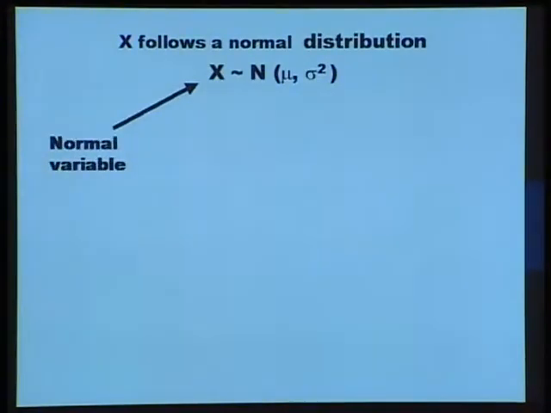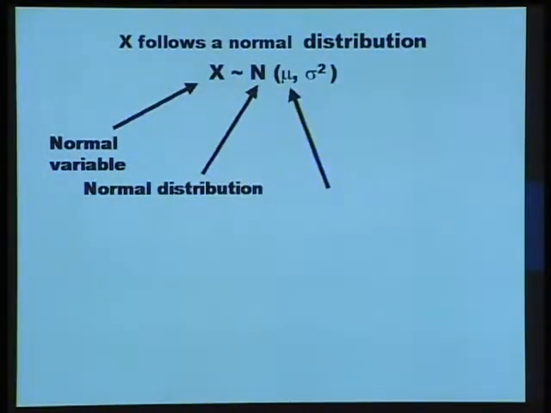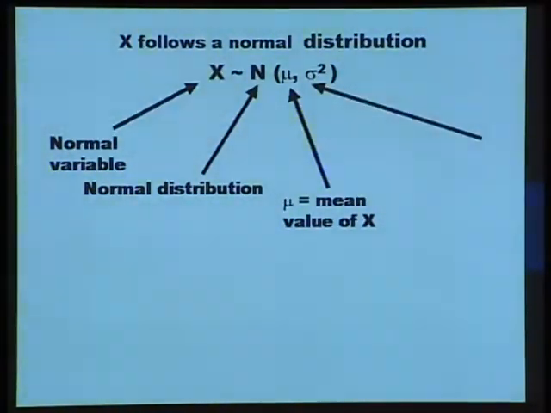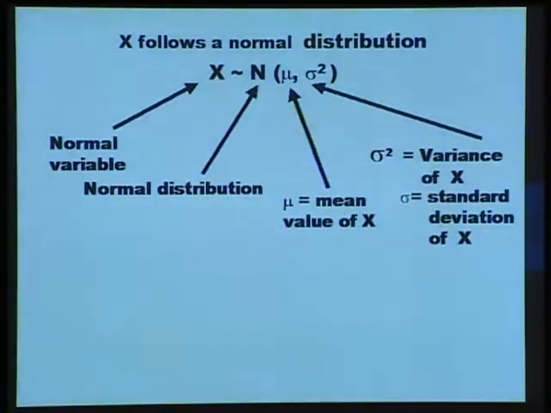Now, if x is a continuous random variable which follows a normal distribution, then we are going to write it in mathematical notation as follows, where x is the normal variable, N represents the normal probability distribution, the symbol mu stands for the mean value of x, sigma square is the variance of x, whereas sigma is the standard deviation of x.